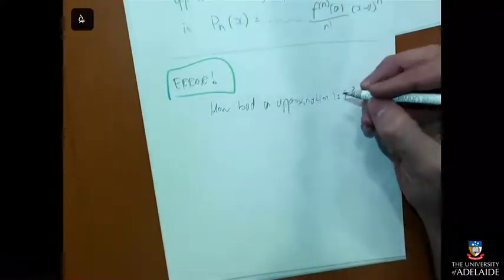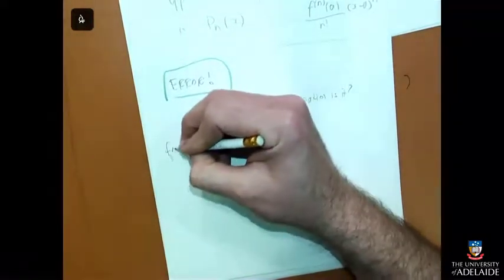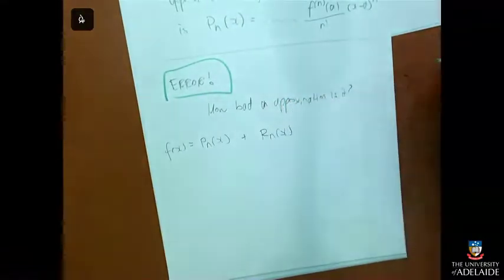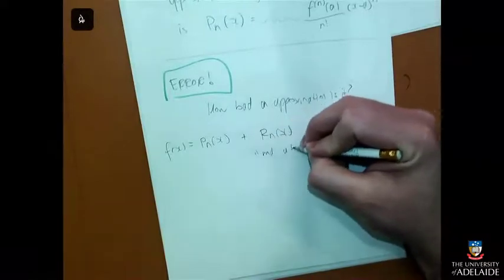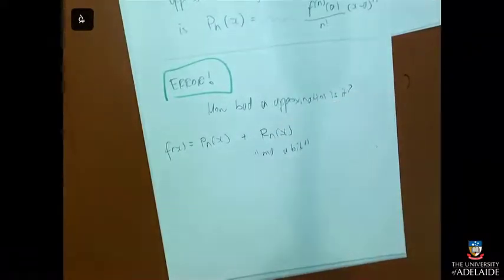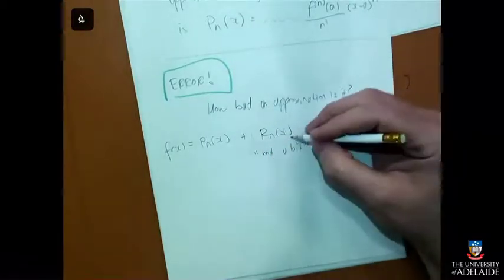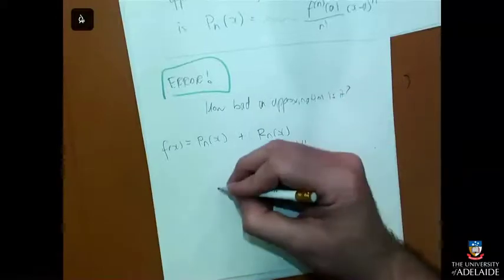So he says that if the real function is the polynomial and a bit, then if I know what x is, and I know what n is, and I know what a is, I can get an approximation of the error.